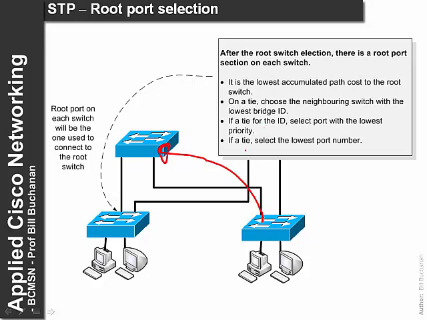If there's a tie on this, then they will use the lowest bridge ID of a neighbouring switch and use that as the root port. If there's a tie on the IDs, it will then use the port with the lowest priority. Again, if there's a tie on this, it will basically just use the lowest port number on the switch.